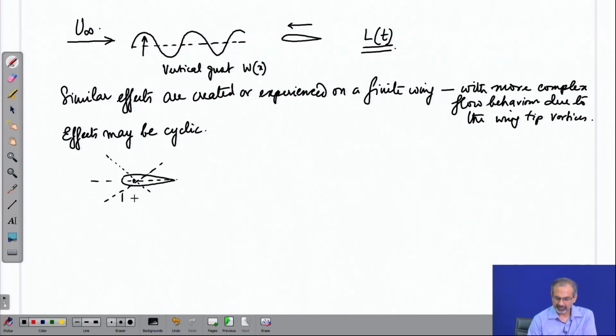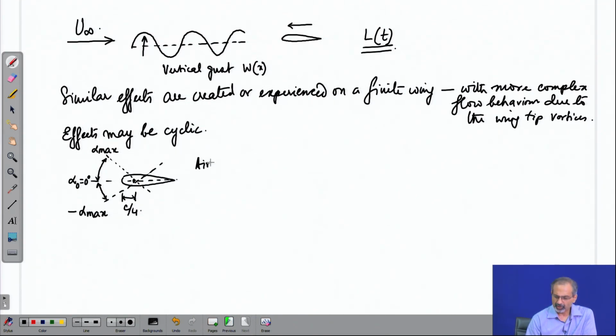Let us identify the aerodynamic center as the reference point about which an airfoil section is oscillating, and it is oscillating between two angle limits, alpha max and minus alpha max.